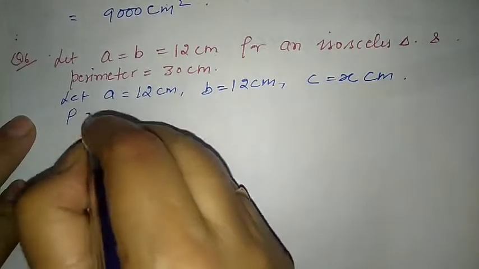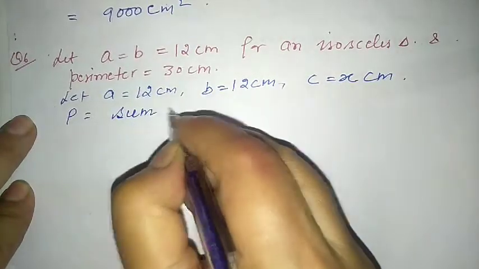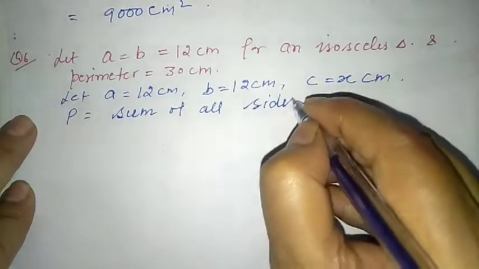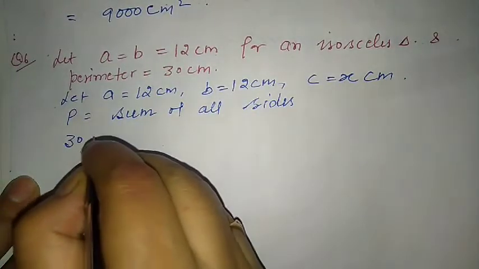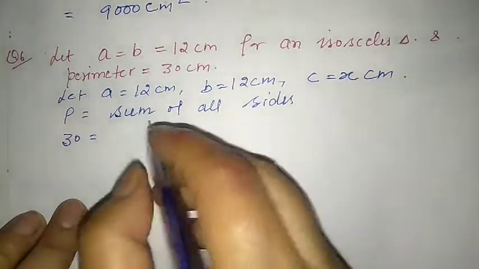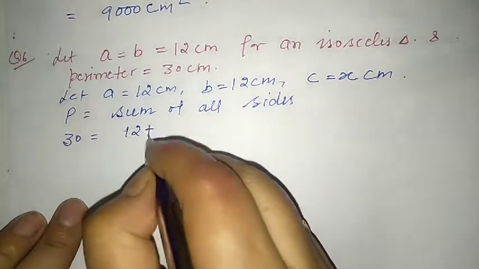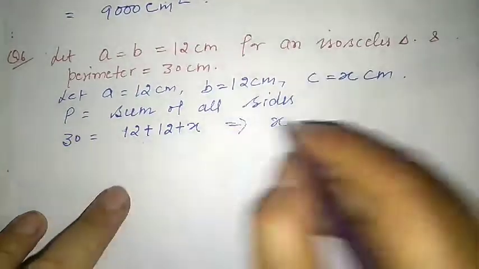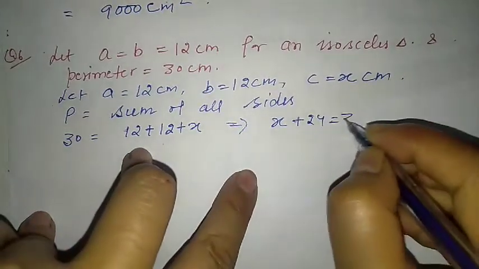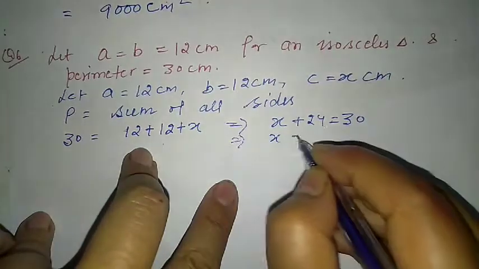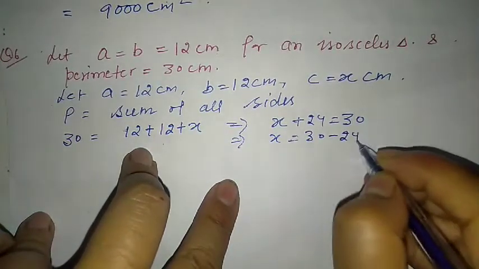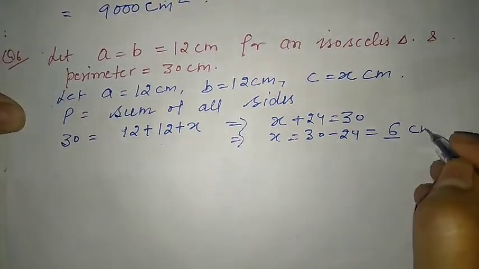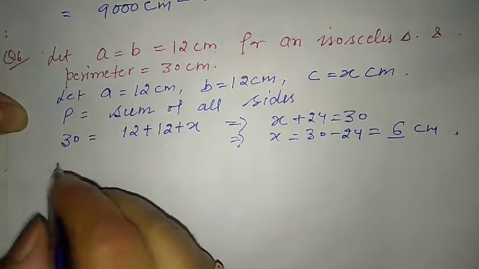Again, perimeter is equal to the sum of all sides. Perimeter is 30, and the sum of all sides is 12 plus 12 plus X, that is 24 plus X equals 30, and X equals 30 minus 24, that is 6. X is 6 centimeter. It means the third side is 6 centimeter.